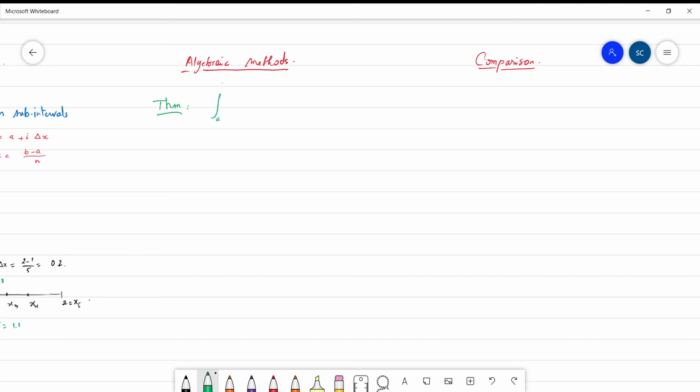For example, we can deduce that if I change the order of the limits, the integral from b to a of f(x) dx will be minus the integral from a to b of f(x) dx.